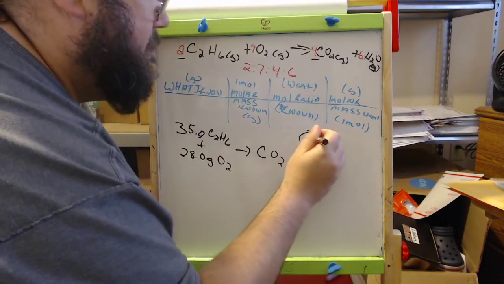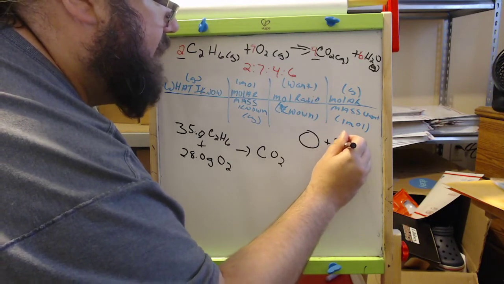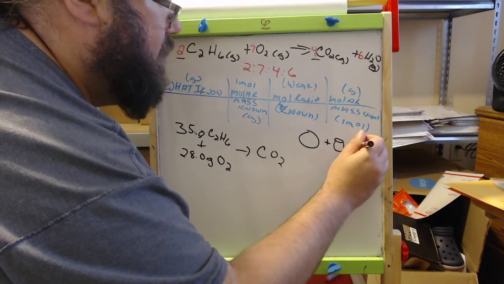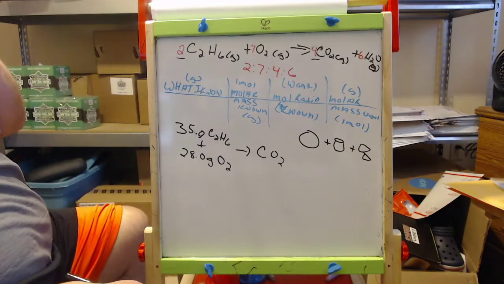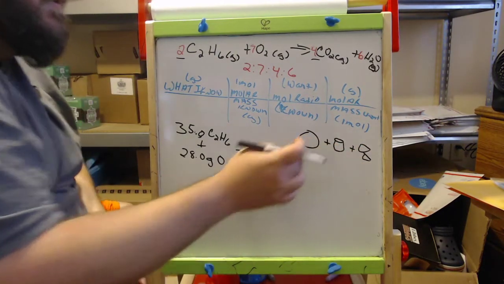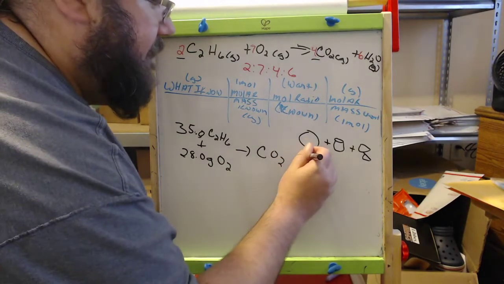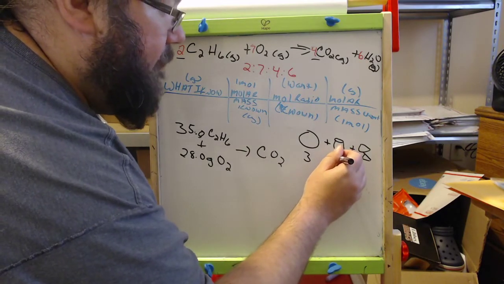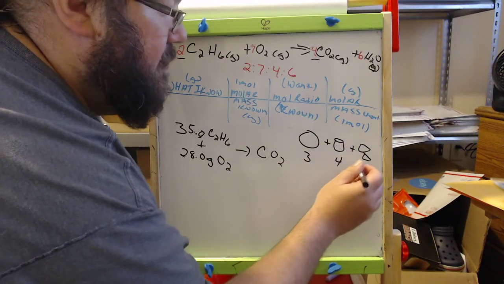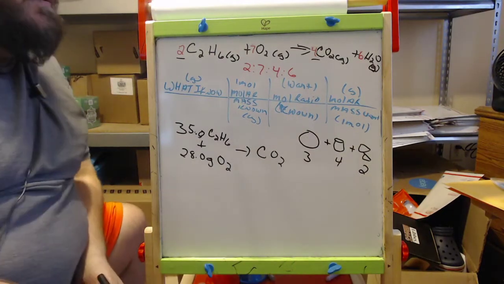But let's imagine to make a pizza, we need a crust, a can of sauce, and cheese. We need 2 pieces of cheese, a can of sauce, and a pizza crust. Now let's say we have 3 crusts, 4 cans of sauce, and we only have 2 pieces of cheese.